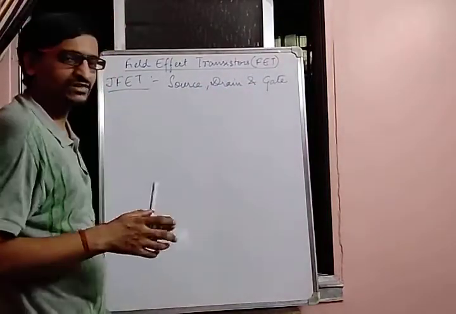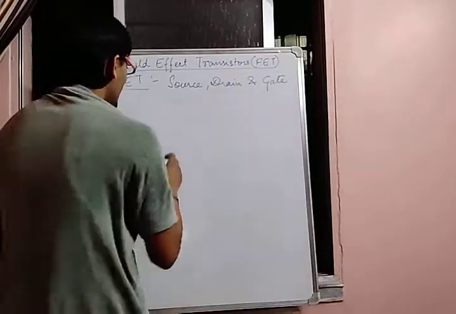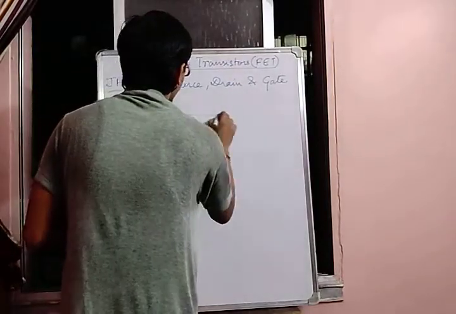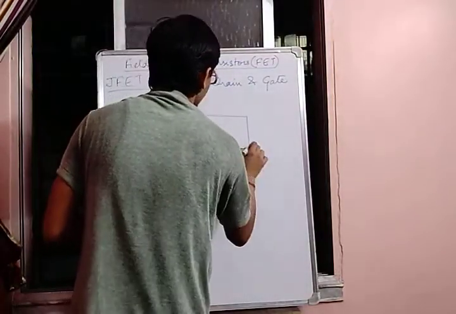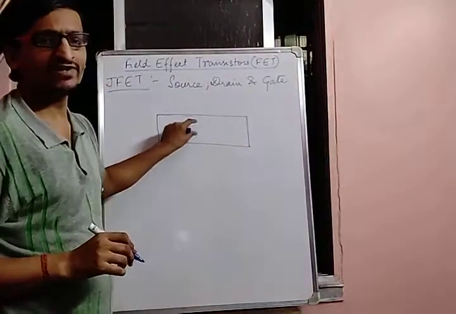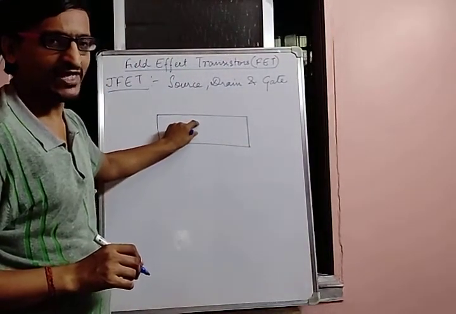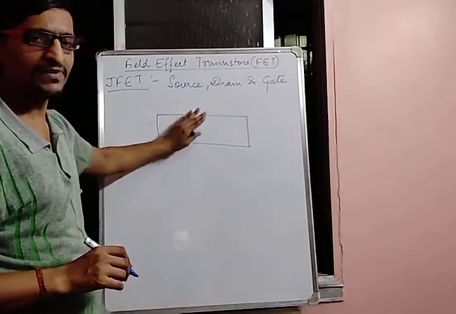So what does a JFET look like? A JFET basically consists of a heavily doped semiconductor bar. It can be of N type or P type.